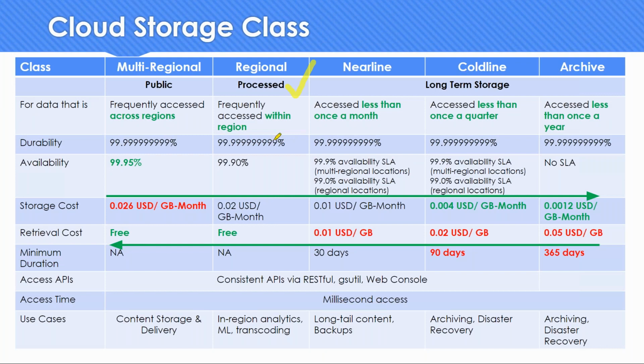Because it is within the region, your SLA drops from 3.5 nines to 3 nines. Storage wise, it's not replicated across multiple regions, so the cost slightly drops, which is really good, 0.02. And your retrieval cost is still free, which is a beautiful thing.